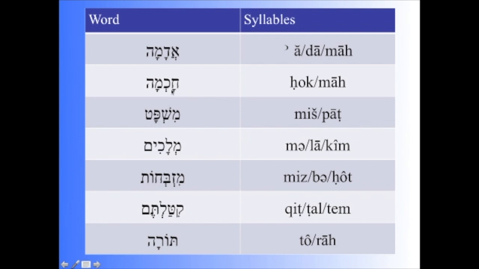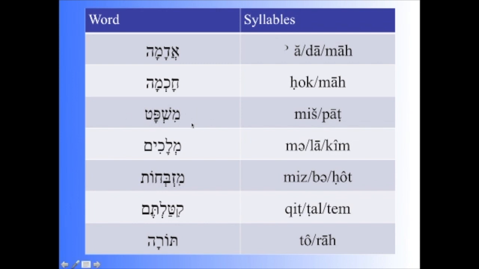Chances are, unless there's a little vertical line marker, at the beginning of the word, if you have this little kamets type of vowel followed by a shva, that tells you it's going to be the kamets hatuf, the O vowel. So this is going to be choch with a silent shva, and then ma at the end of the word, which is a mem plus the kamets hey, which is a long vowel.